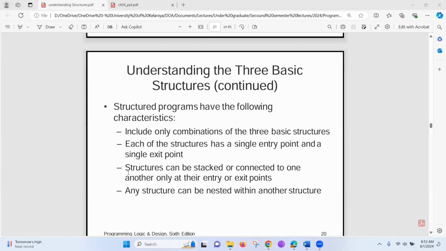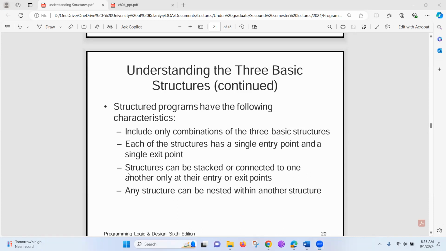So when you design a program, it should consist of these three basic structures. Each structure has a single entry point and a single exit point. Can you remember, students, single entry point and single exit point?